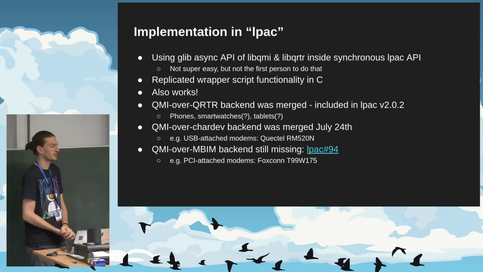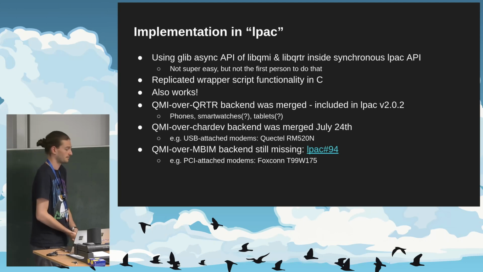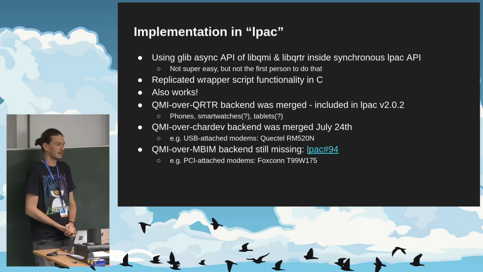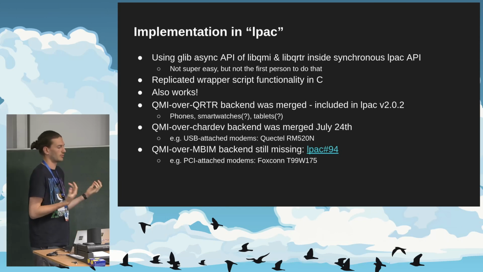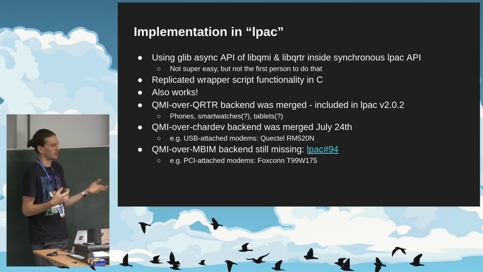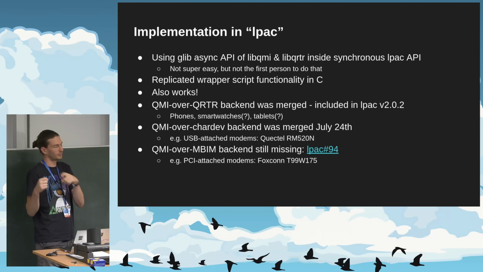And so the implementation in LPSC: libqmi is a glib-based project, and they provide the API over basically glib async. So you send a request to it, and you provide a callback, and then libqmi calls the callback with the glib main loop.